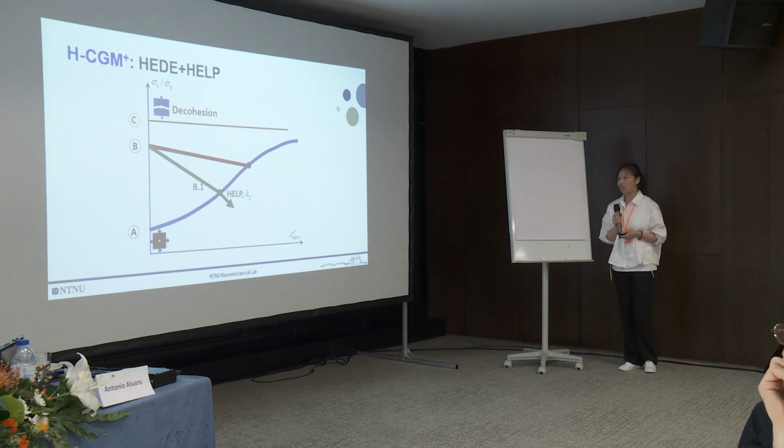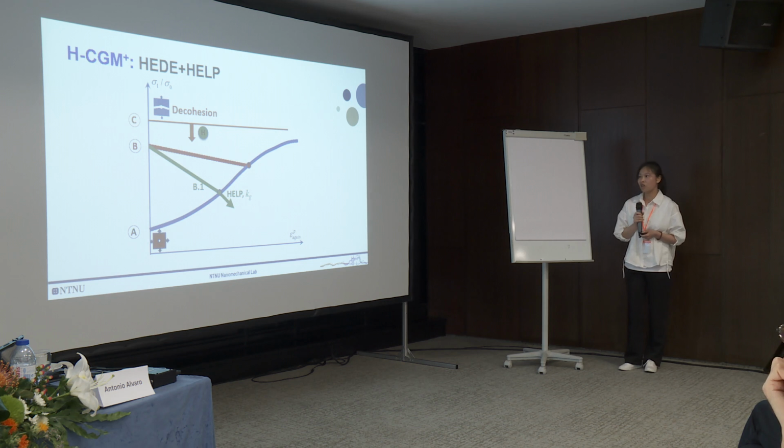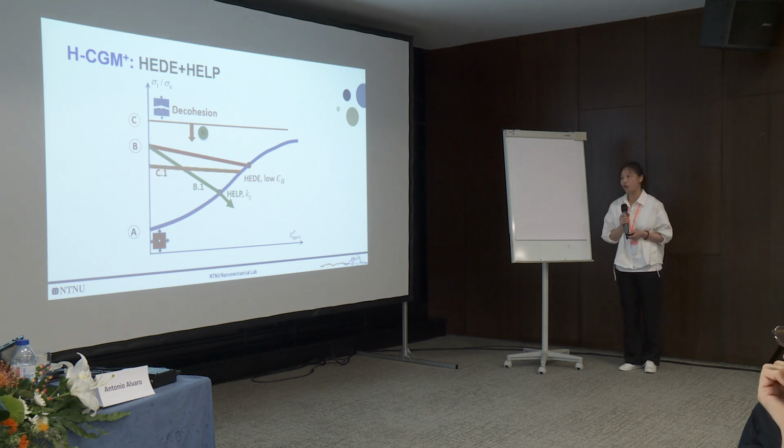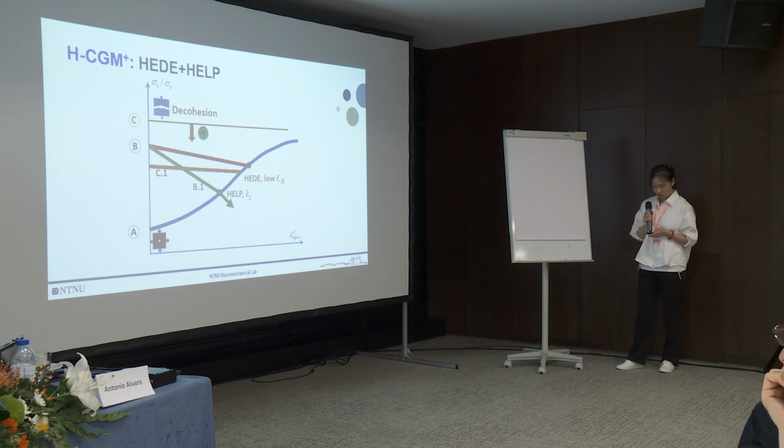But because of hydrogen, this decohesion stress can be lowered based on the HEDE mechanism. And when the hydrogen concentration is low, we can see here, in this model, it's still HELP that will dominate the failure. The sample will still fail at this green intersecting point, causing the loss of ductility.